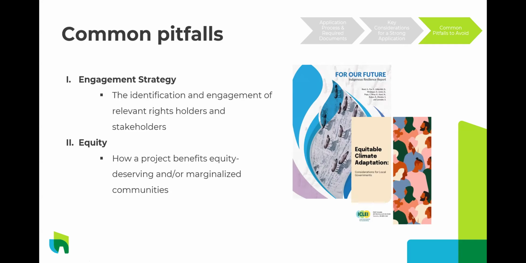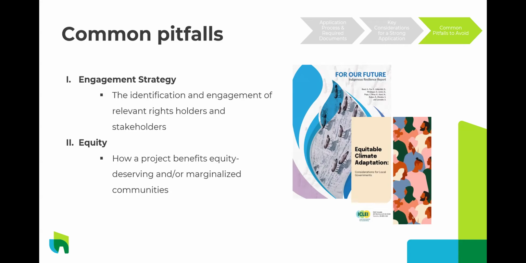When we think about equity deserving groups, they're communities that have historically faced systemic barriers to equal access or opportunities due to discrimination or marginalization. Examples could be Indigenous communities, low-income individuals, or people with disabilities.